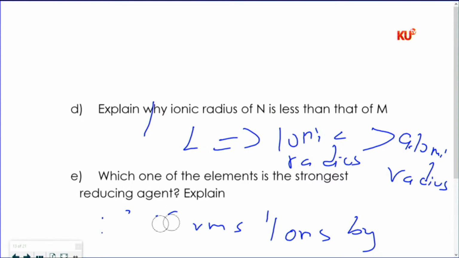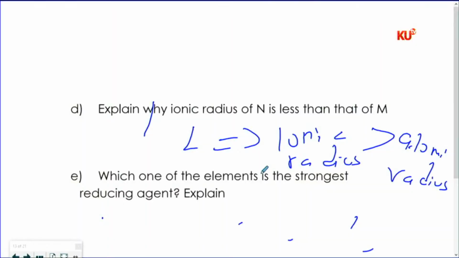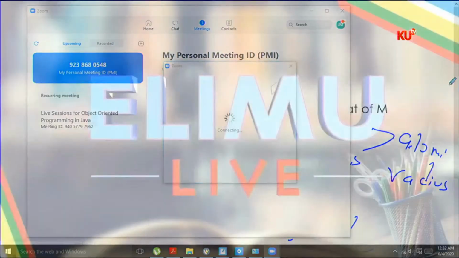So the explanation I was giving for that question isn't correct. The question is, which of the elements is the strongest reducing agent, and explain. So we need to know what's a reducing agent and what's an oxidizing agent.